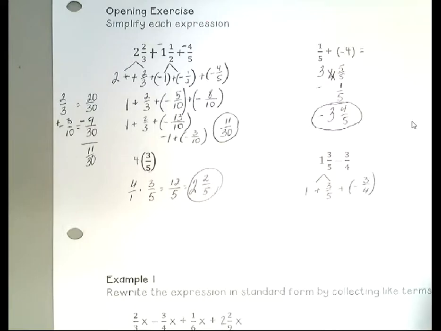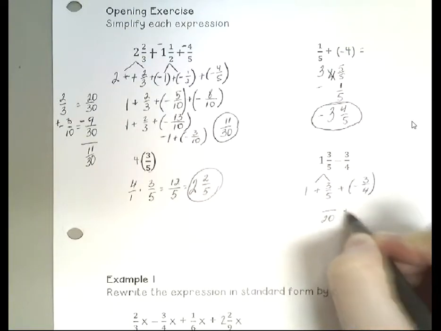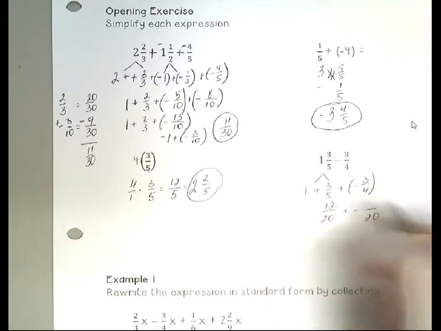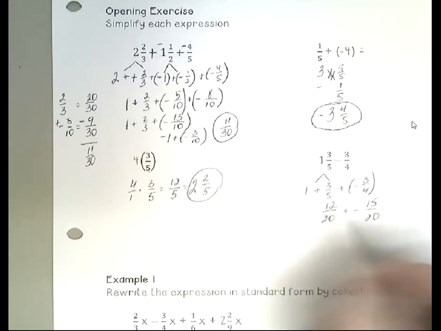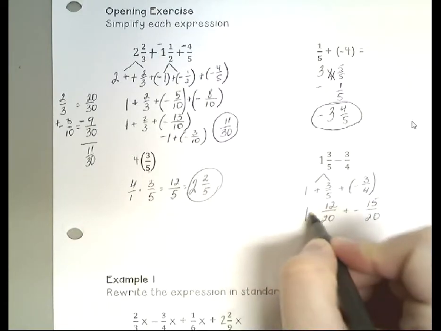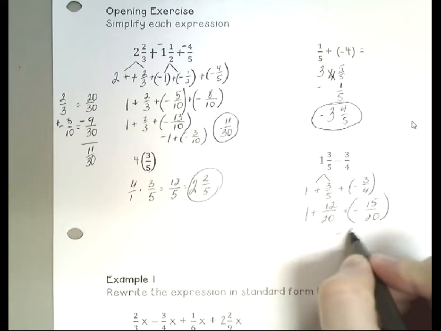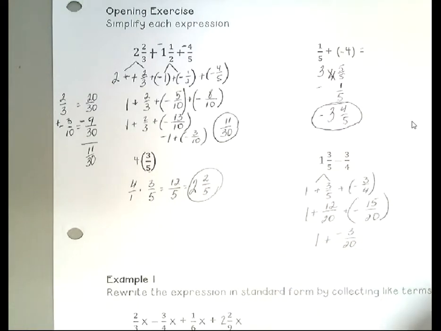Okay, so here I'm combining 3/5 and negative 3/4, and I will need to change it into 20ths. Now 12 and 15. Okay, so after combining these, this is still 1 plus. After combining these, I will get negative 3/20 and 1 plus negative 3/20.